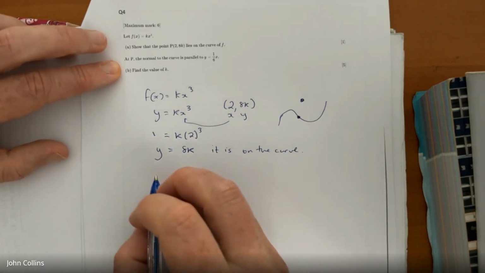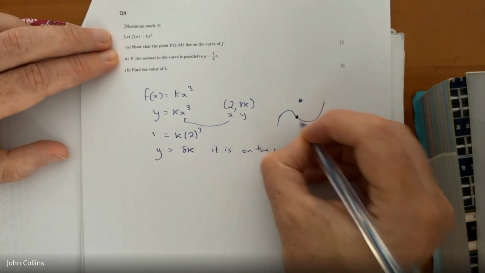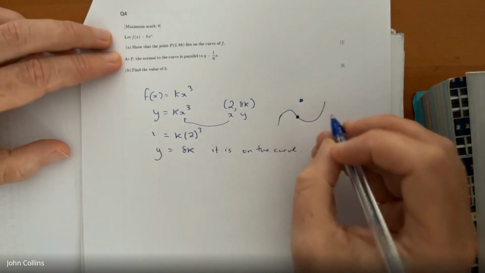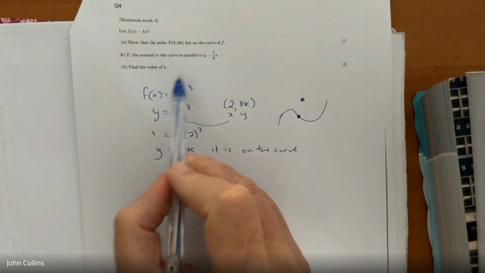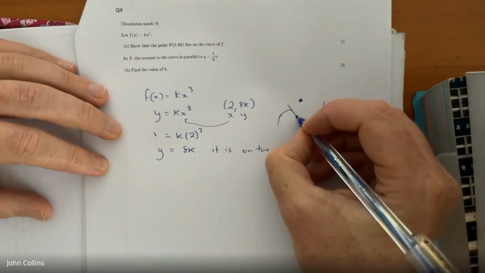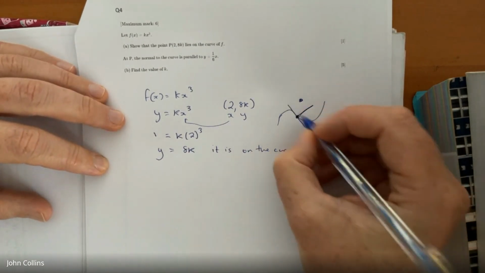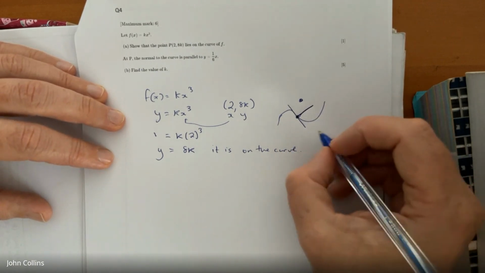The second part, at P, so this point P, I'm not too sure how well I've drawn this. The normal to the curve is parallel to some other random line. So at P, there's some normal. So I've drawn a tangent, then a normal. And this normal is parallel to some other line.